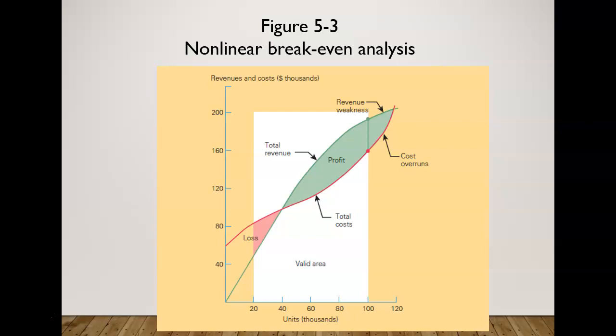That nonlinearity may be due to the fact that if you're selling above a certain point, there may be suppression in revenue, and revenue will not be able to grow at that linear rate. So the curve changes a little bit. The same thing could be said for cost.